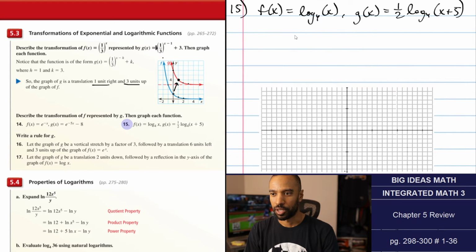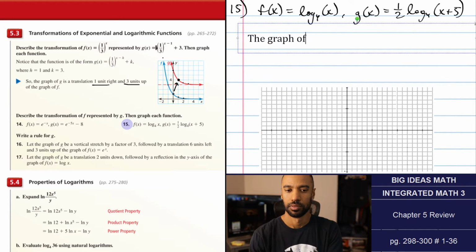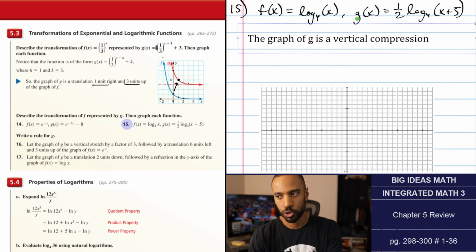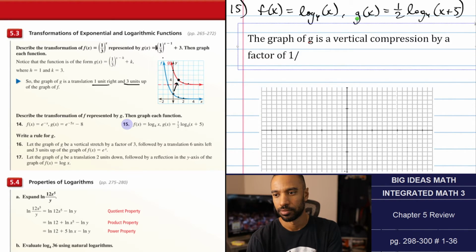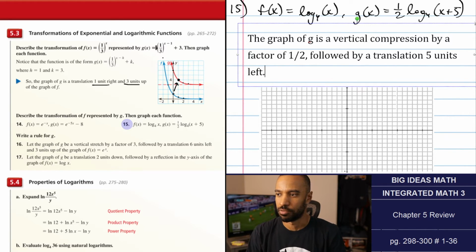As far as the description goes, the graph of g is a vertical compression, vertical shrink, by a factor of 1/2, followed by a translation, 5 units left. The x plus 5 inside gives you that one.